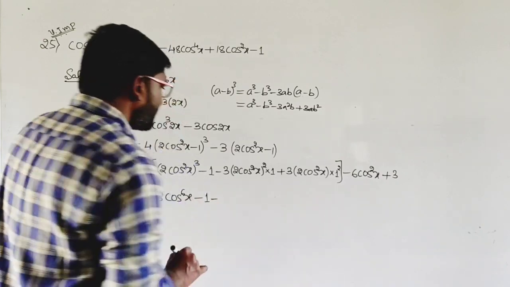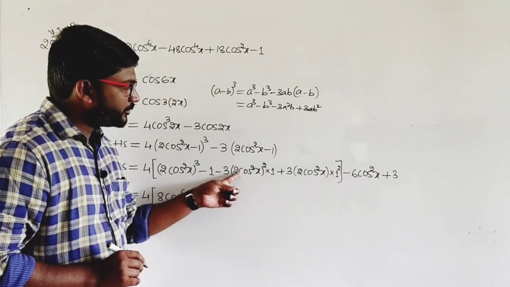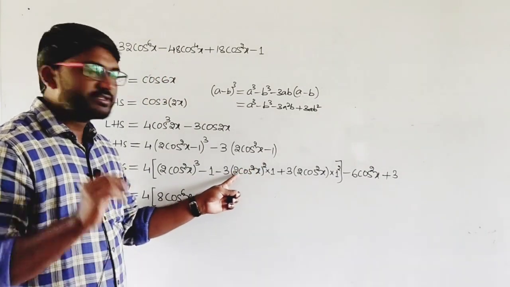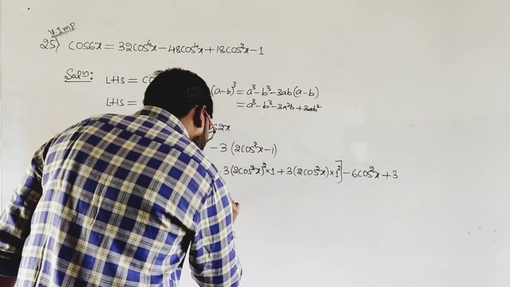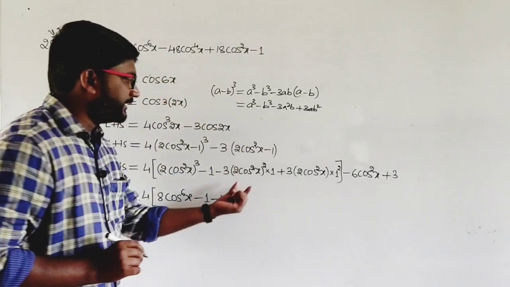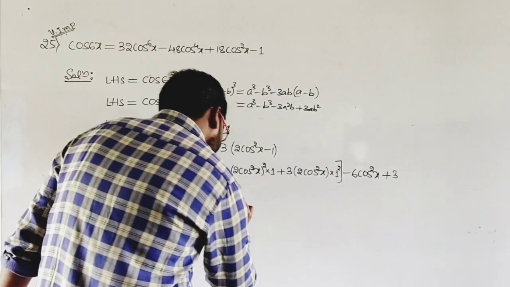Then minus 3. See here we have 2 cos square x the whole square. 2 square is 4. 4 into 3 is 12. Then cos square x the whole square will be cos to the power 4x.